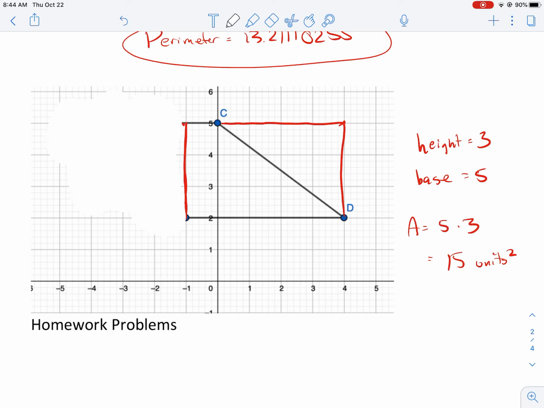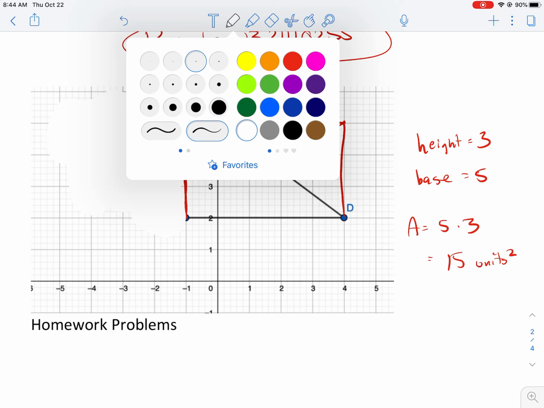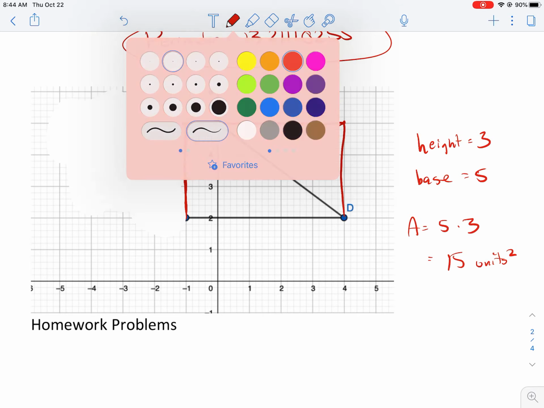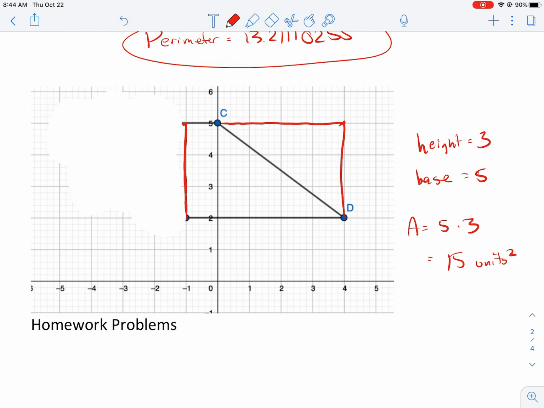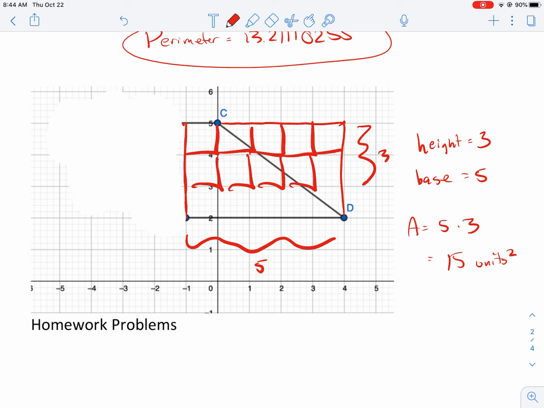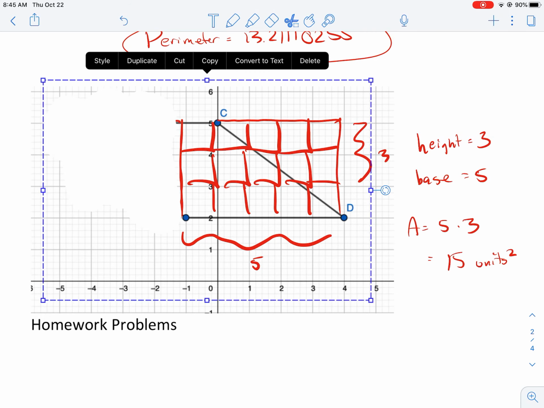All right, so now I have a rectangle, which as you can see, is a 5 by 3. And how many 1 by 1 squares do you find in here? 15. All right, so it's a lot easier to see what these areas are when you take that part of the parallelogram and fix it so you have either a square or a rectangle. So as you can see, how many square units? 15. Okay, let's erase that out of there.